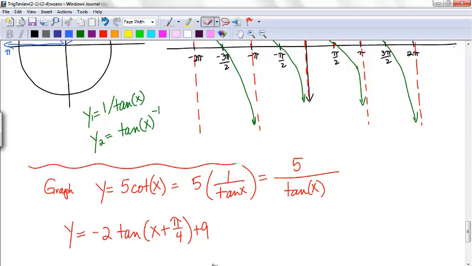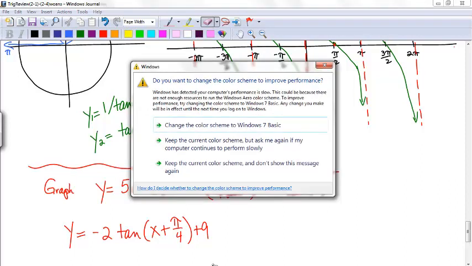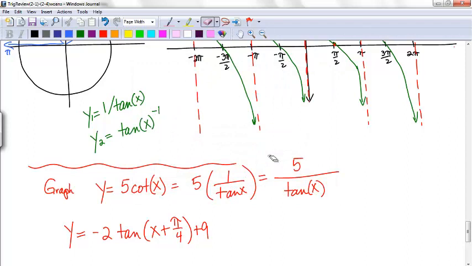Phase shift. Pi over 4 to the left. Vertical shift. 9 up. What's the period of that graph? It'd be pi over the absolute value of b, and your b value is understood to be a 1 in front of there. Okay? Enough example? Okay.